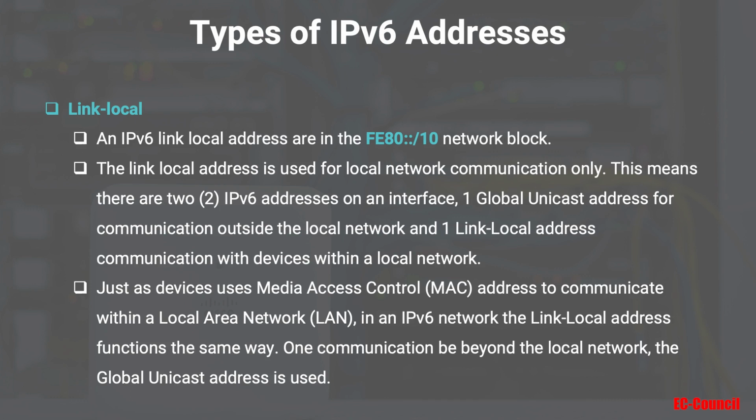The second address is a link local address, which is used for local communication. Just as devices use a MAC address to communicate within their own local area network or within their own subnet, in an IPv6 network, the link local address functions the exact same way. Only for communication beyond the local network does it use the global unicast address to speak outside.